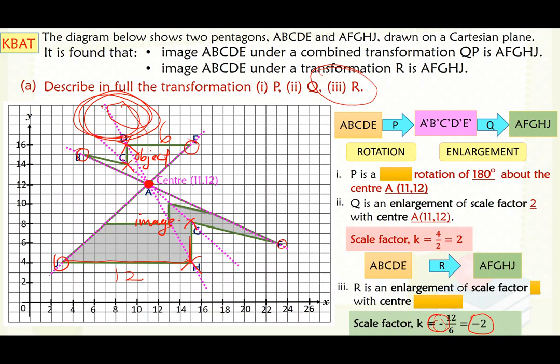Negative 2 means the image is on the opposite side of the center of the enlargement. So the center is 11, 12.